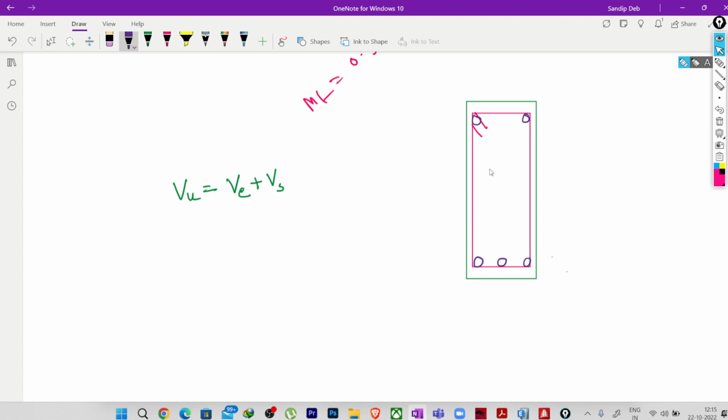Now how many legs do we have here for the stirrup? 1 leg, 2 leg, 3 leg, and the 4th leg. Which legs will provide resistance against the shear due to the vertical load, suppose PU? Due to the vertical load we will get the shear force like this, so this 1 and 2 are going to provide resistance against the shear.